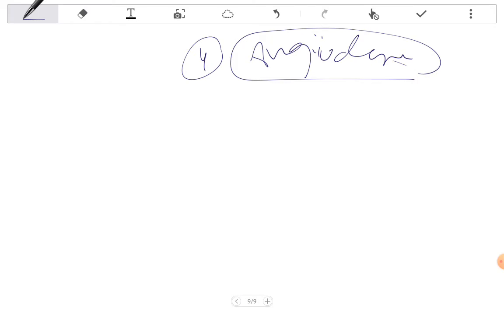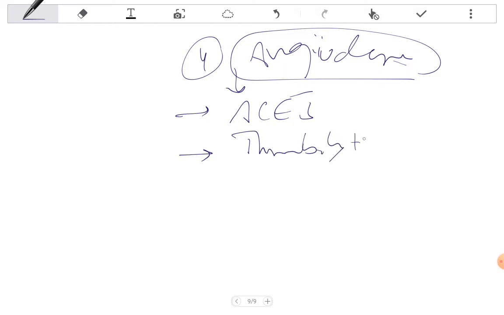Number 4, we can use adrenaline in some cases of angioedema. Angioedema can occur due to many causes and can occur in response to many medications like ACE inhibitors, even thrombolytic medications, whether streptokinase or tPA.